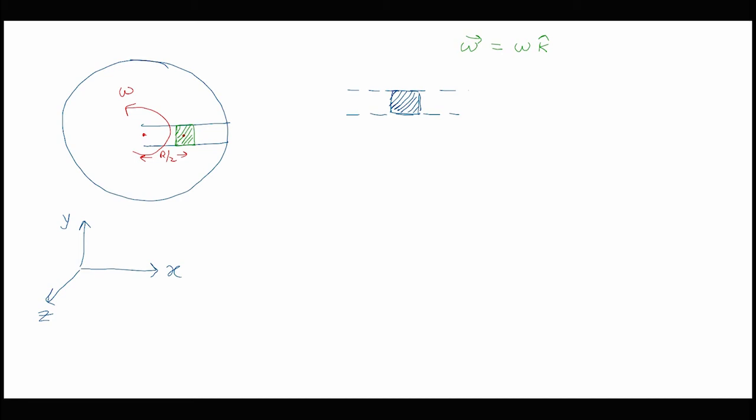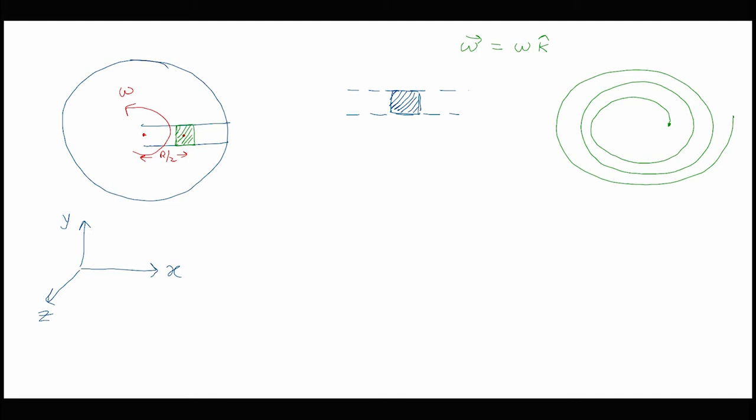In the ground frame, the block which was placed at a distance of r by 2 from the center of the rotating disk will start rotating with the disk and then eventually fall out. It is actually rotating along with the groove and also moving in the outward direction along the slot, and it will fall outside once it reaches the edge of the groove.